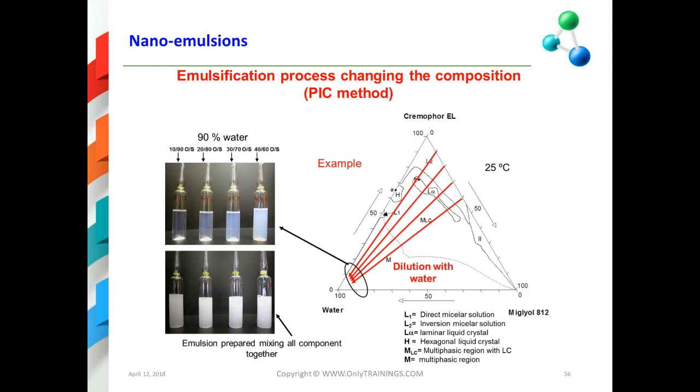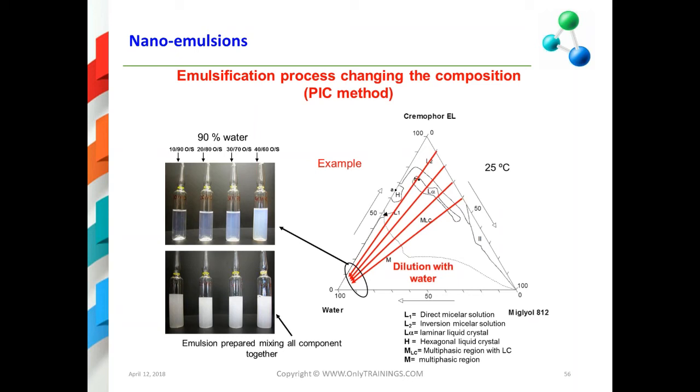of the water to an oil surfactant mixture. So we start from different dilution lines, so from different surfactant to oil ratios, 10 to 90, 20 to 80, 30 to 70, and 60 to 40. And we dilute the system with water.